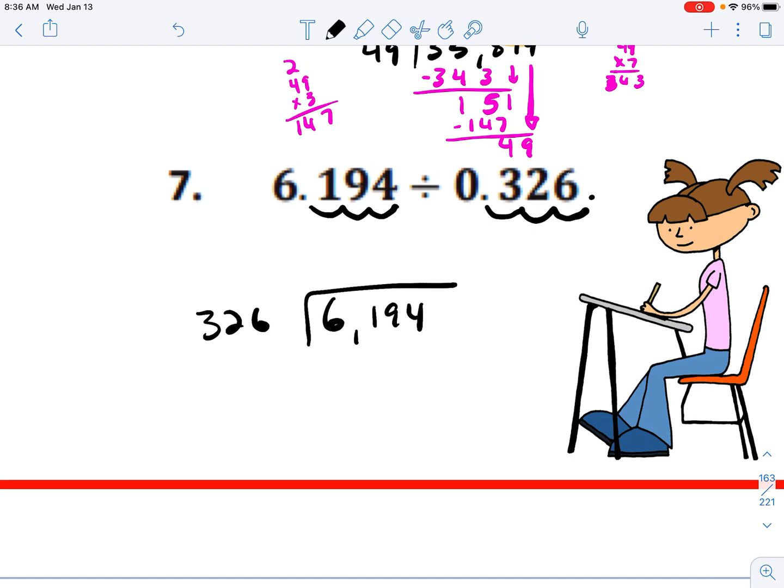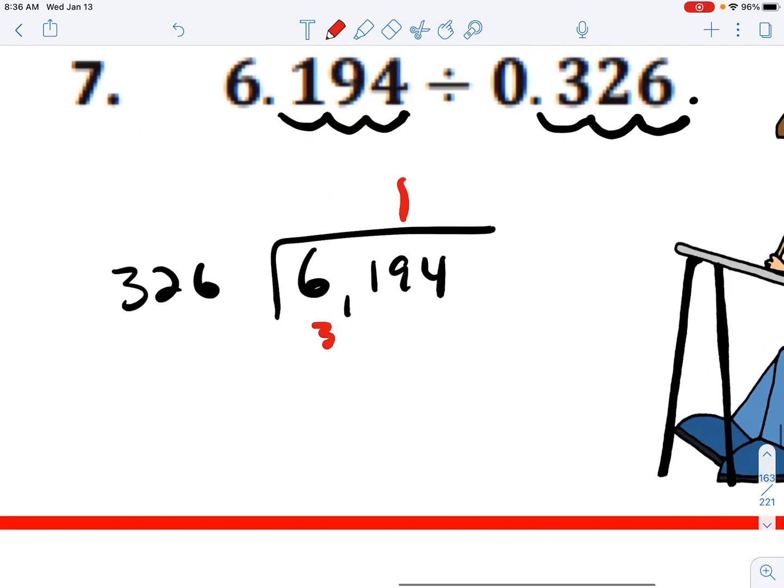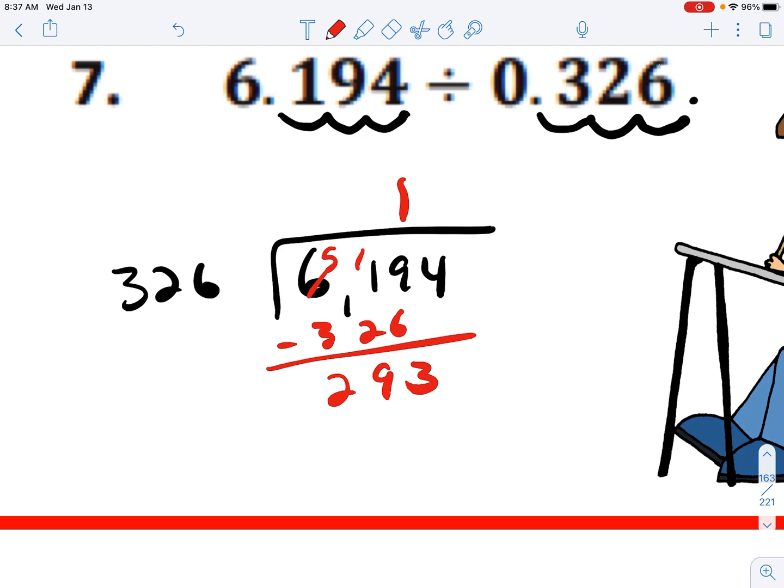326 doesn't go into 6 or 61, so we have to start with 619, and it only goes into it one time because twice would be too much. Okay, so I subtract 326 from this. I get 293. So it was almost twice, but not quite. And then I have 2,934.